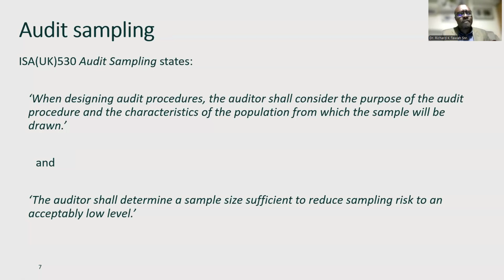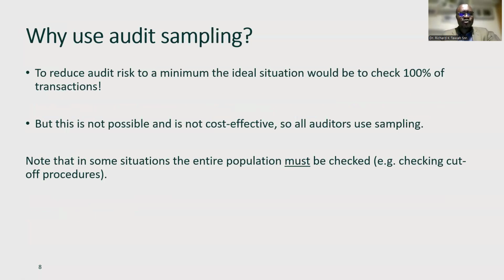What do we mean by sampling risk? You select a sample and use it to draw a conclusion, but the conclusion doesn't actually reflect reality when you project it on the population. Normally, increasing the sample size will reduce your sampling risk.